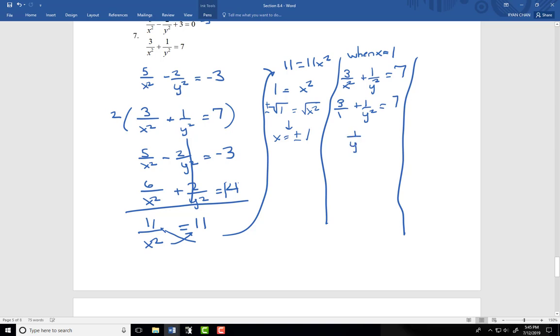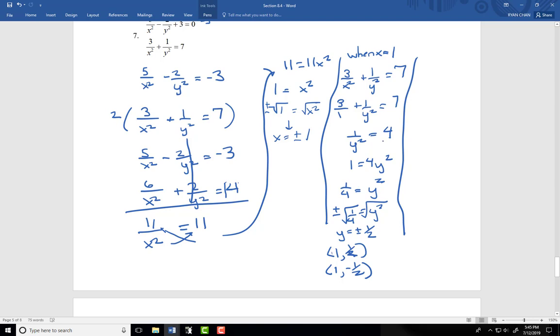So 1 over y squared is equal to 4. Cross multiply. I have 1 is equal to 4y squared. I'll divide, and I'll take the square root. And I have y is equal to plus or minus 1/2, right? So what does that mean? So when x is 1, I'll have 1, 1/2, and I'll have 1, negative 1/2.